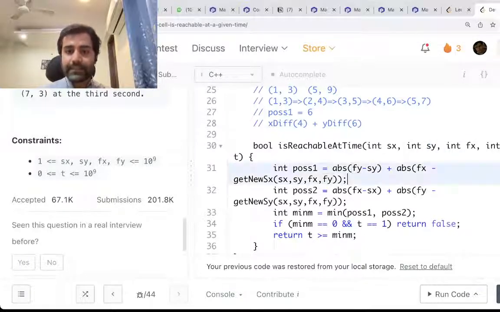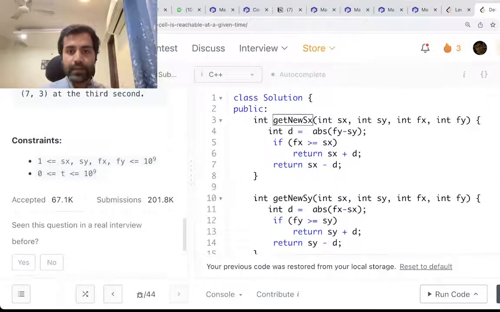So in that case, the number of steps that I will end up taking will be equal to this, which is the absolute difference of the destination y coordinate and source y coordinate. Now in this process, my x coordinate will get changed. So I have written a method called get new x coordinate. You can look at how it works.